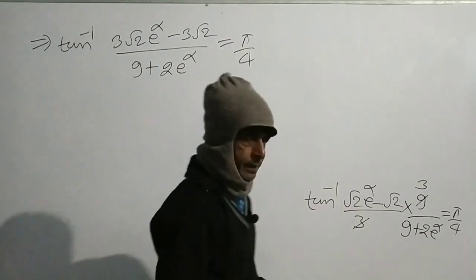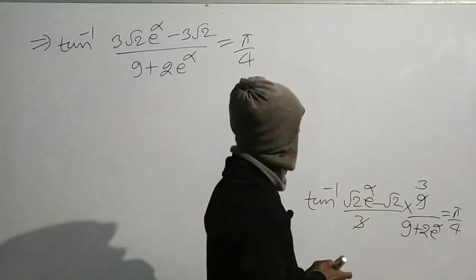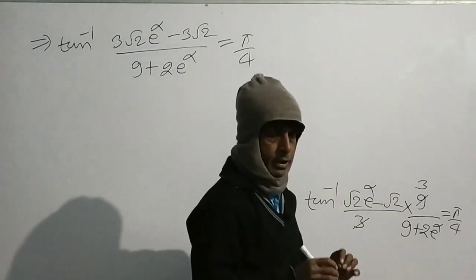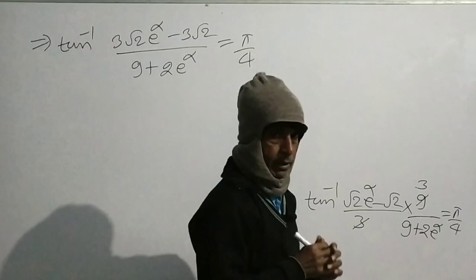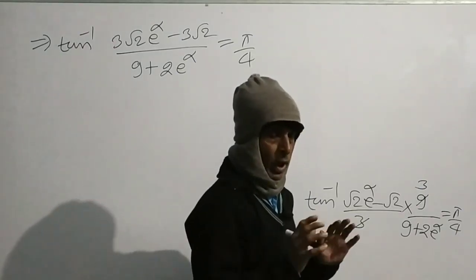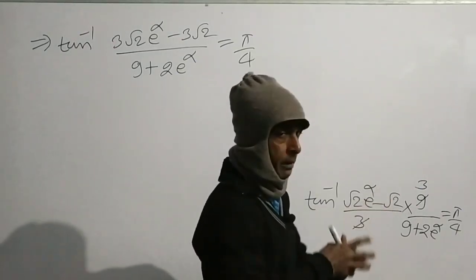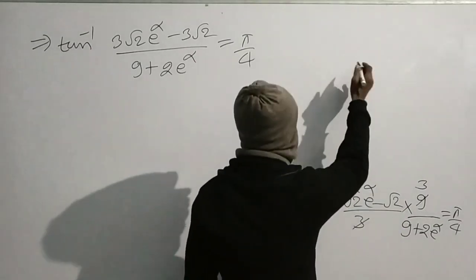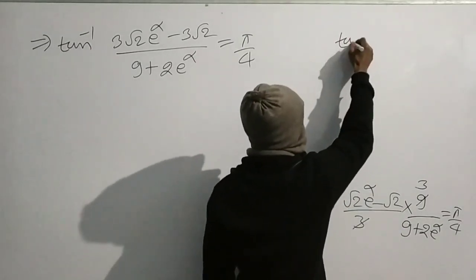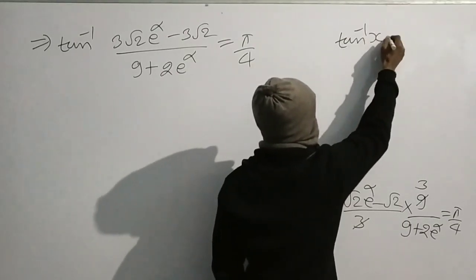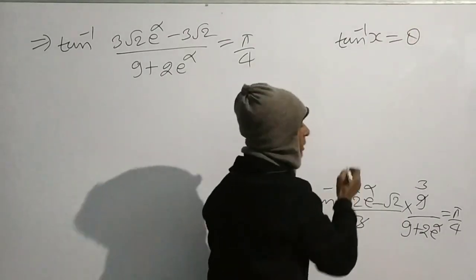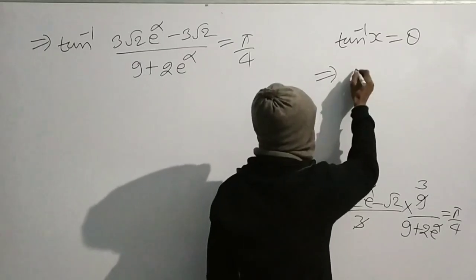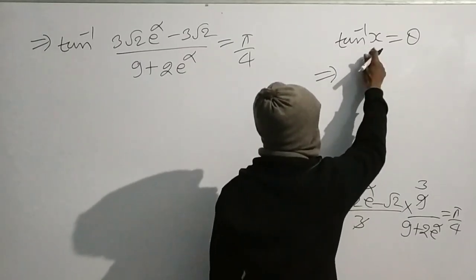Now there is a formula of the inverse trigonometric chapter that you have read in the class 11 NCERT book, that if tan inverse x is equal to theta, then tan theta will be equal to x.